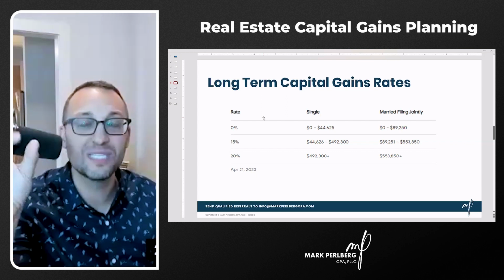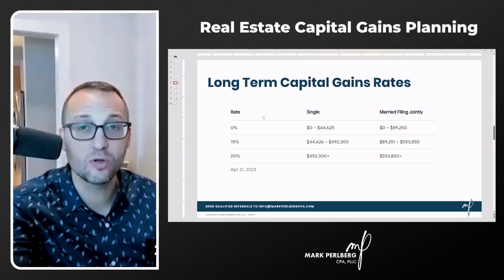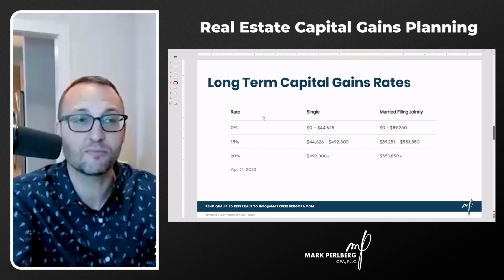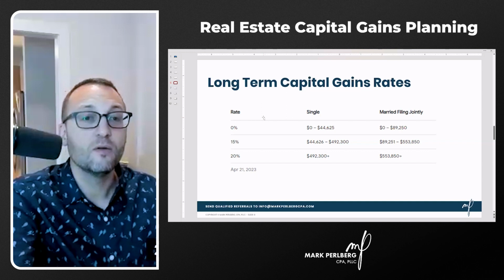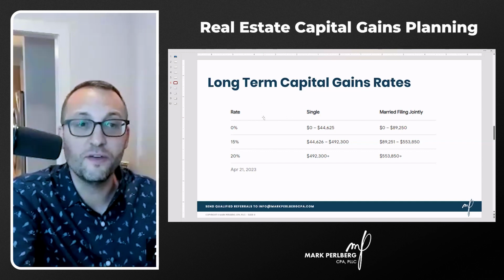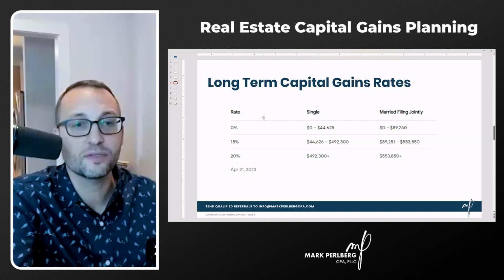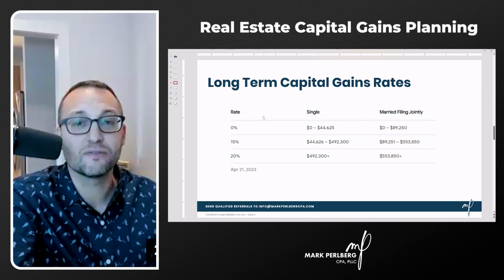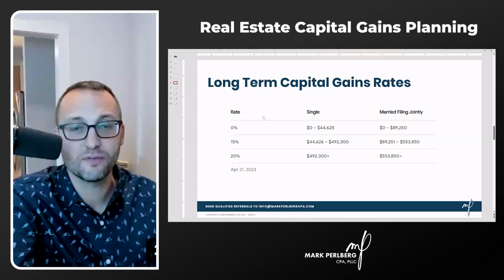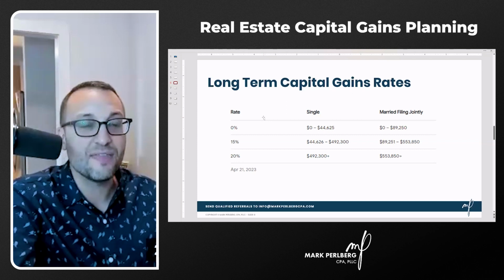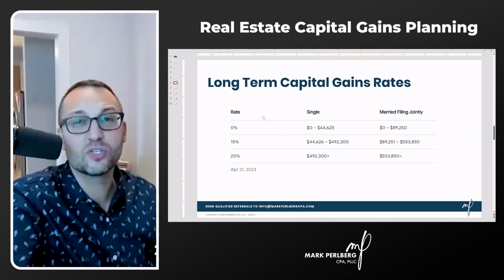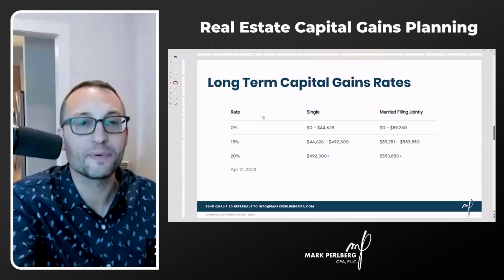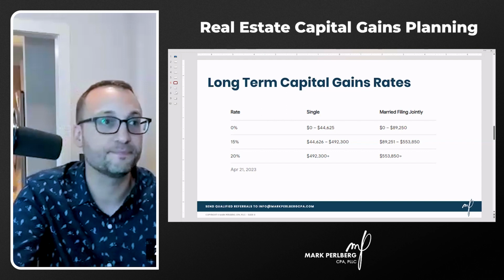So imagine this, almost $90,000 of free long-term capital gains if we can drive you into a $0 tax bracket with other strategies. Most of our clients are in the 15%. That's $44,000 to $492,000 if you're single, or $89,000 to $554,000 if you're married filing joint. And then if you're above those thresholds, you're going to jump into that 20% long-term capital gains tax bracket.